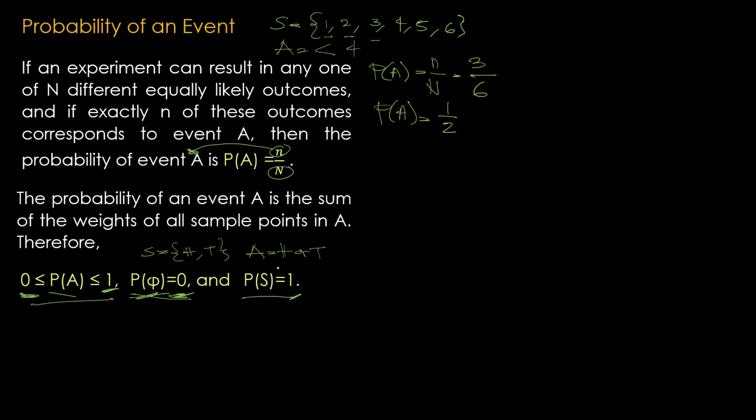Since the sample points of our A are also equal to our sample points, therefore the probability of our A is equal to 1. And the probability of our sample space is also equal to 1.